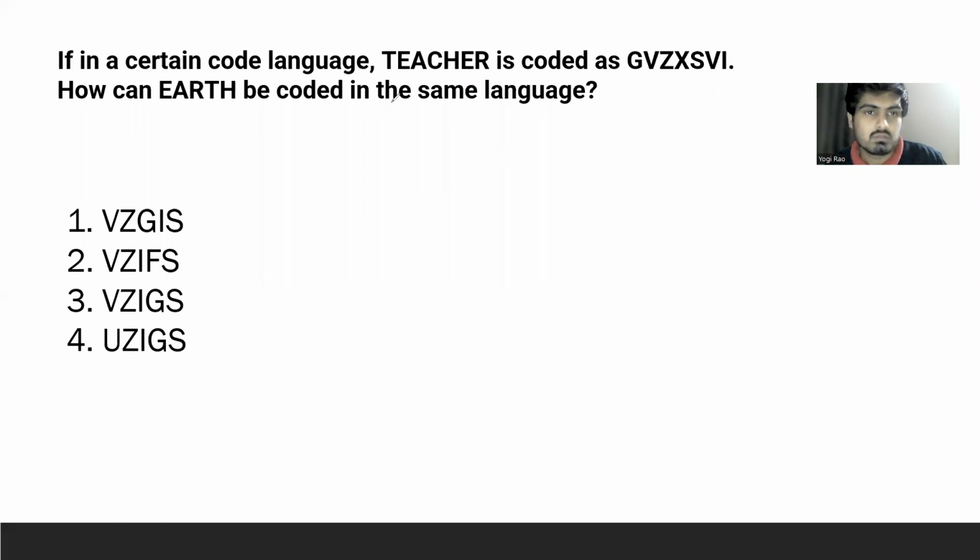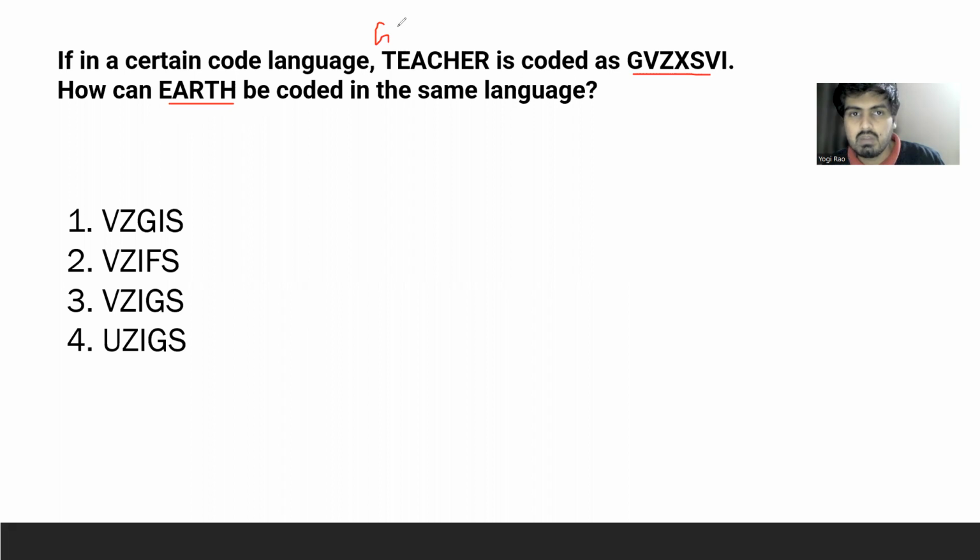Coming to the second question. Here, teacher is coded as this, and we have to find what Earth will be coded as. Since we have done opposite alphabets, we can easily see that opposite of T will be GT Road.